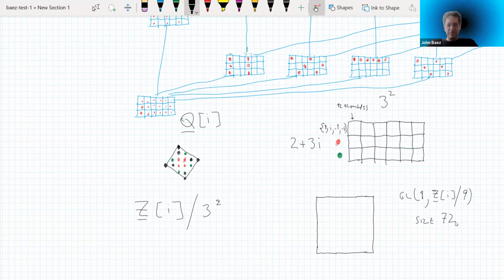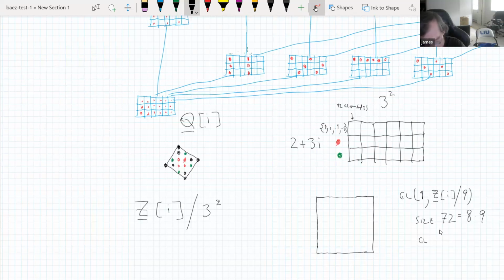I know I could figure it out, but it's 8 times 9. There's this little short exact sequence that goes something like this: GL1 of the Gaussian integers modulo 9 maps down to the multiplicative group of the Gaussian integers modulo 3.